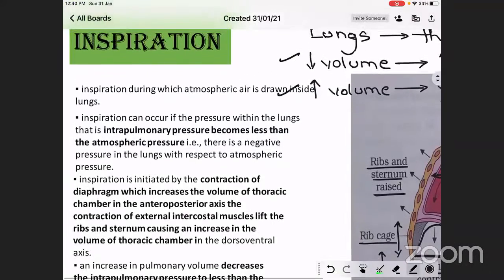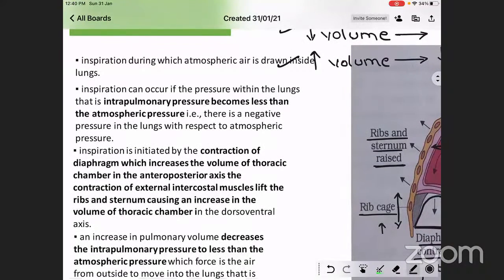Okay, so what exactly happens in inspiration? During inspiration, atmospheric air is drawn inside the lungs. If the word is in, something is coming in. So how does inspiration take place? Inspiration takes place if the pressure within the lungs, which is called the intrapulmonary pressure, becomes less than the atmospheric pressure.